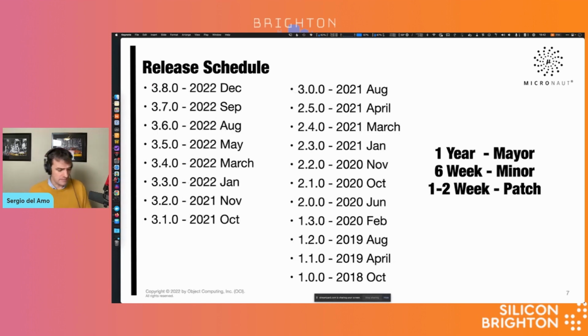The framework follows semantic versioning. We release a minor version more or less every 6 to 10 weeks, and we release patch versions weekly, typically patch versions with bug fixes, minor versions with features, and major versions with breaking changes. So Micronaut 4, for example, will have Kotlin 1.8 and a major version of Ktor, which is another Kotlin framework integration we have.